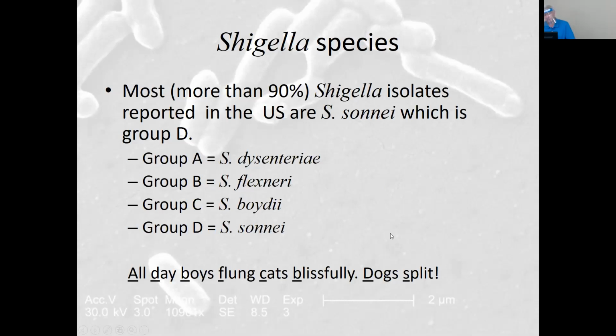But if you want to remember it that way: all day, boys flung, cats blissfully, dogs split. It was easier for me just to memorize the groups than to do that, but either way, it's a helpful mnemonic if you'd like it.